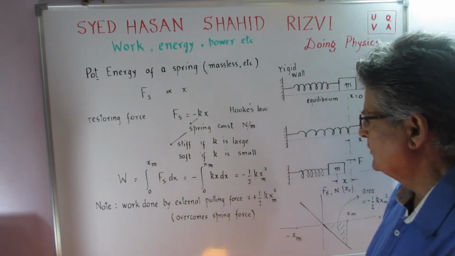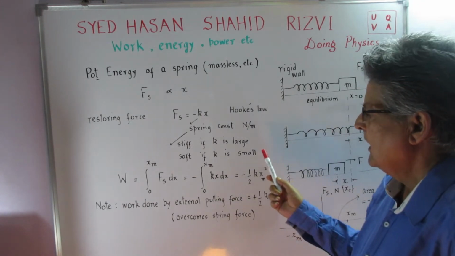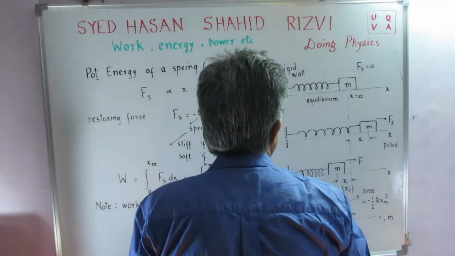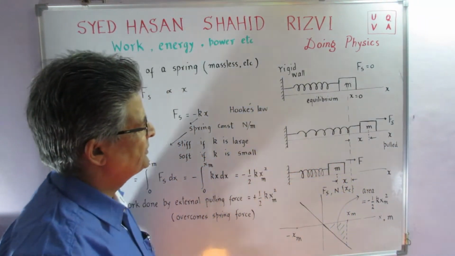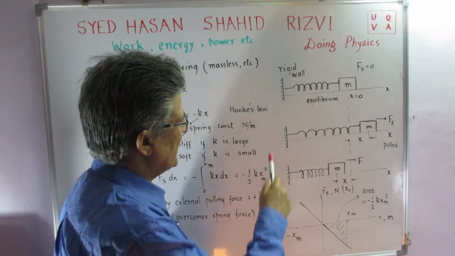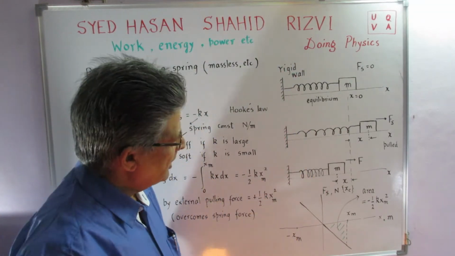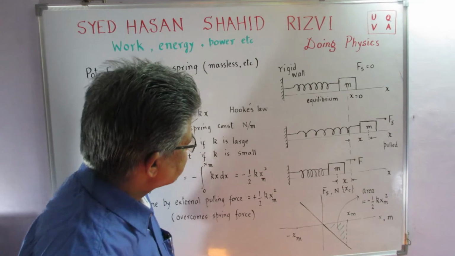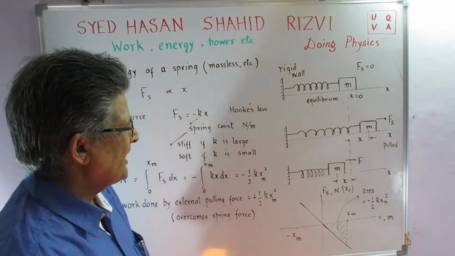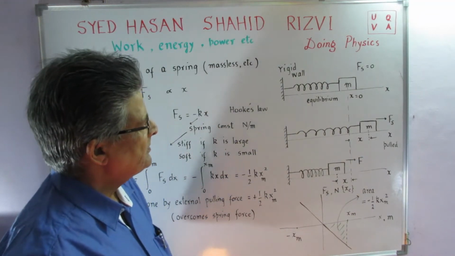So the applied force or the restoring force which exists, I can give the example here: this is our spring, which is massless, which is attached to a rigid wall, a rigid wall which is very massive and cannot be disturbed under the described motion.